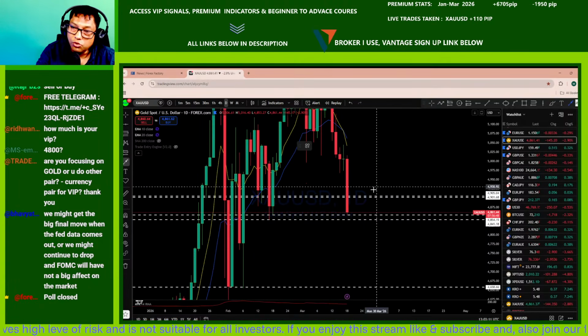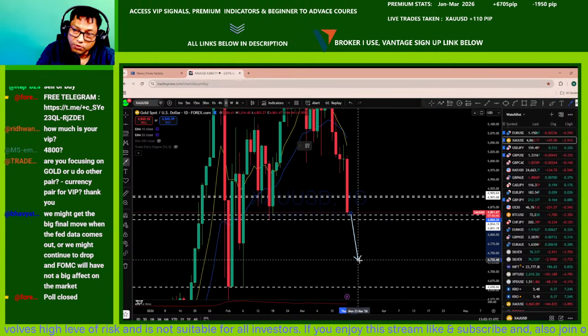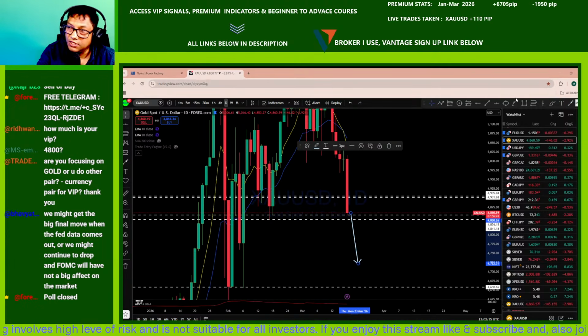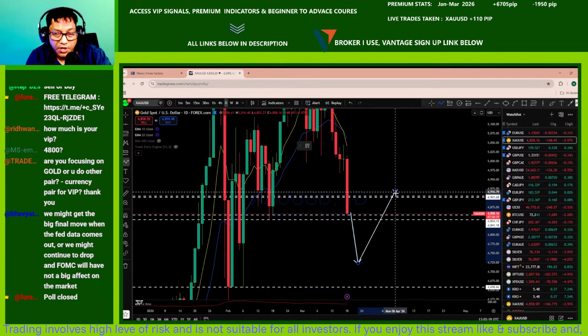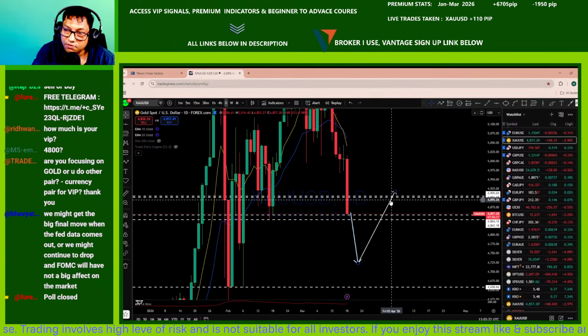If it continues to move until the FOMC, then during the FOMC you might see it going up again and the candle closing above. Usually there is an interesting price action there, guys.